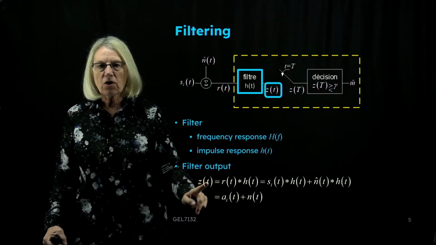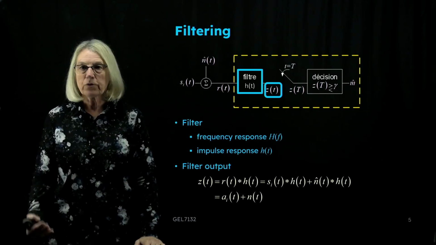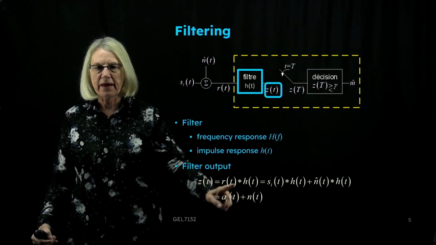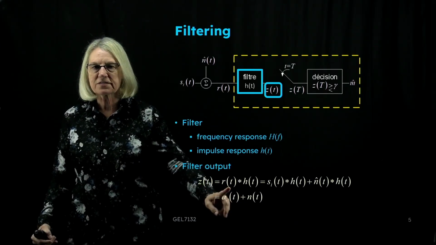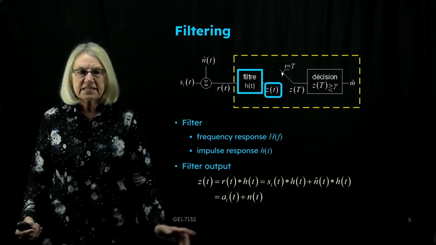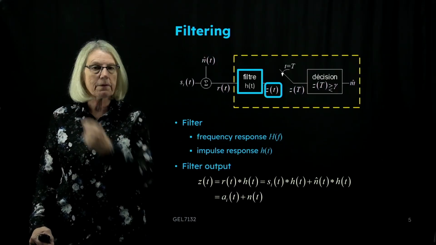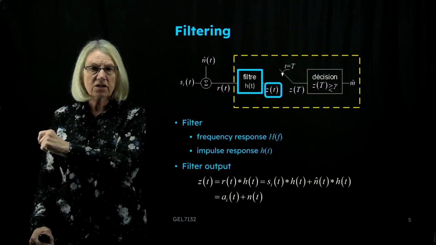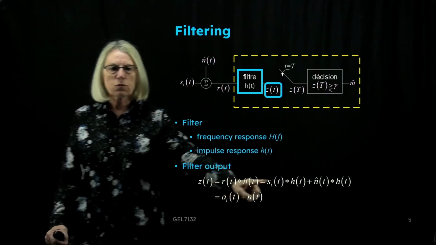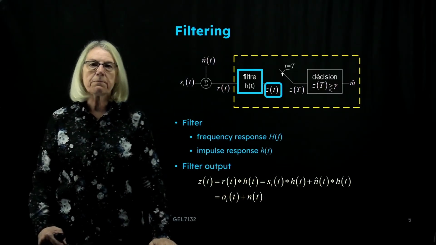And Z of t, we know the mathematical representation of the output of a filter. We take the time domain convolution of the input signal with the impulse response. And in this case, our input signal is the received signal, and it has two parts. It has a part which comes from the signal and a part which comes from the noise. So we're going to make sure that we keep track of this in our mathematical manipulation.